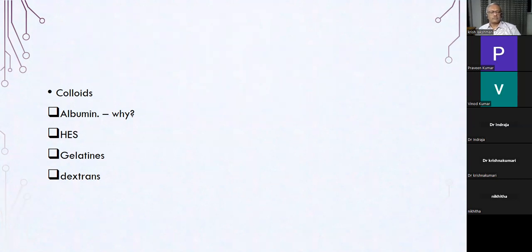Whereas gelatins are semi-synthetic colloids made from animal connective tissue, that is from collagen. It has a high risk of anaphylaxis. And dextrans are made from glucose polymers. It can cause hyperglycemia and hyperosmolarity, as it also contains sodium chloride, and it's a hyperosmolar intravenous fluid.